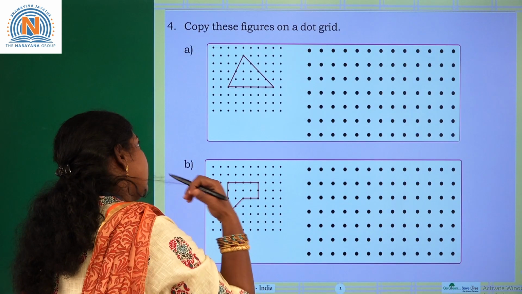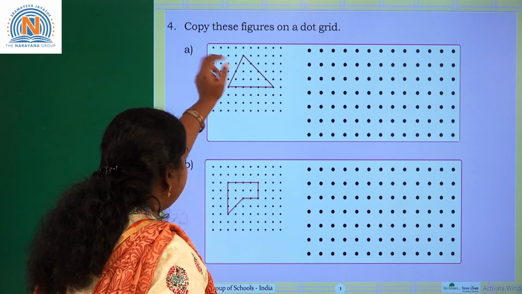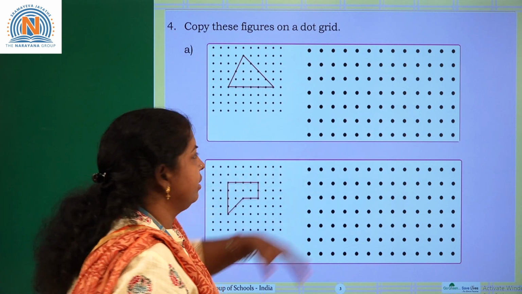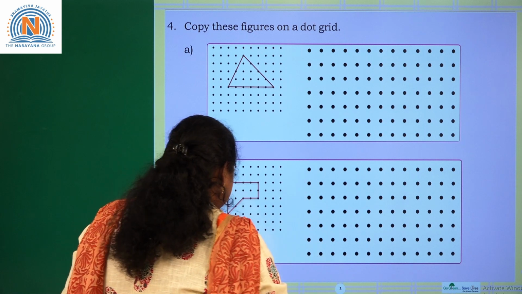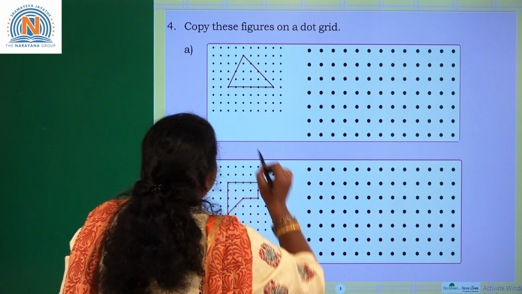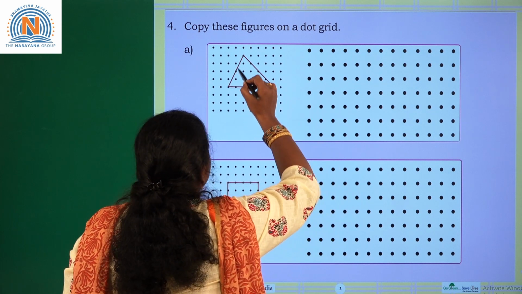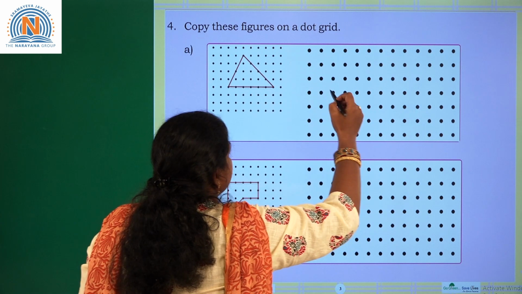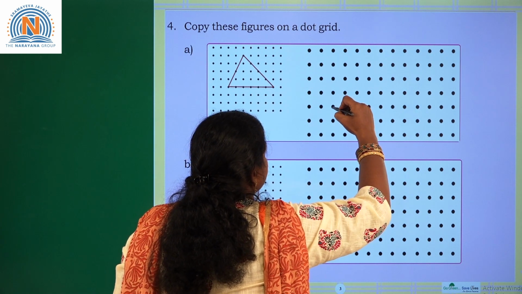Right, let us move to the next one. Copy these figures on a dot grid. Okay, here is a triangle. You have to copy the same figure on this dot grid. Let us copy this. From here 3 dots, right? We will also arrange 3 dots in the same way.